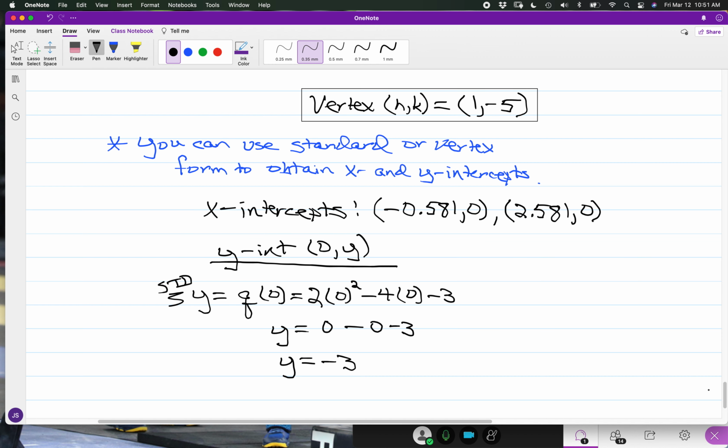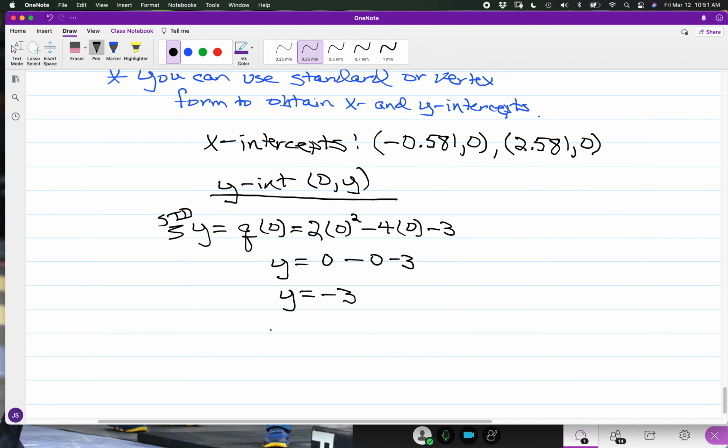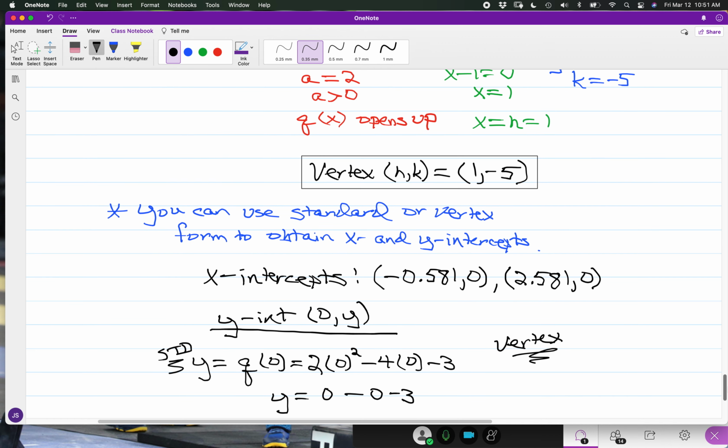So in coordinate fashion, we have that the y-intercept is at 0, negative 3. And I'm just going to mention, had you chosen the vertex form, that was this statement here.